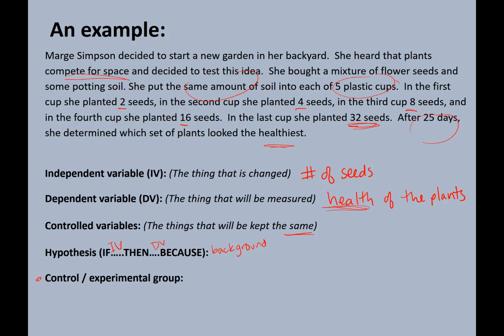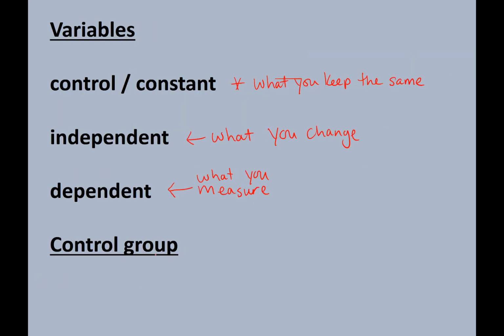This I want to talk about for a second. Control group, okay? A control group is when you are comparing groups that are the same except for the independent variable.